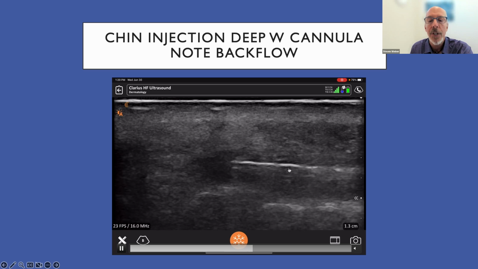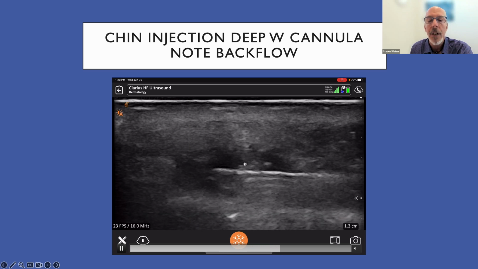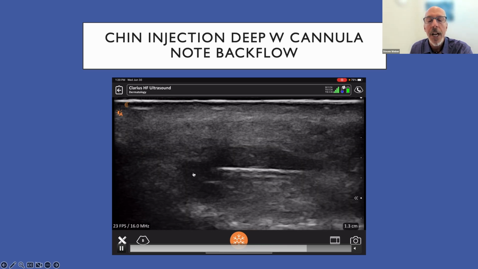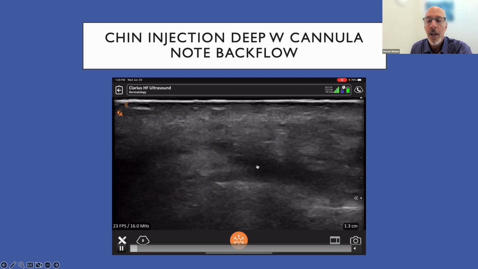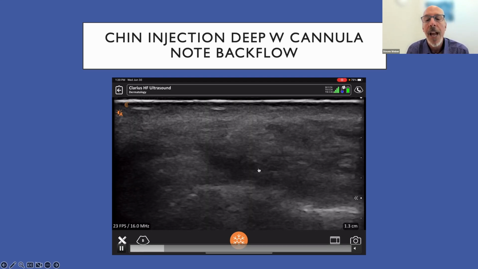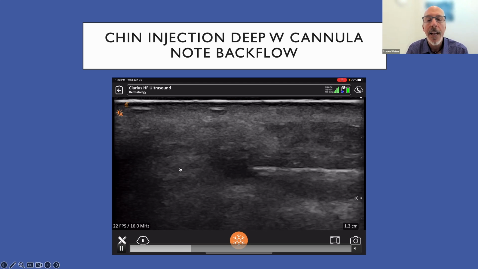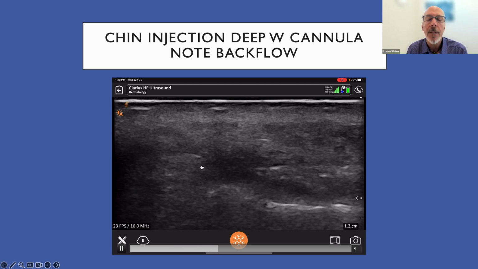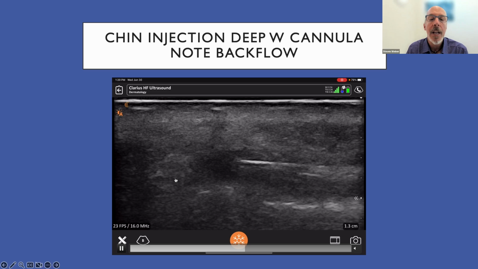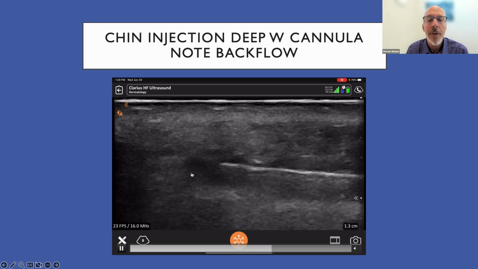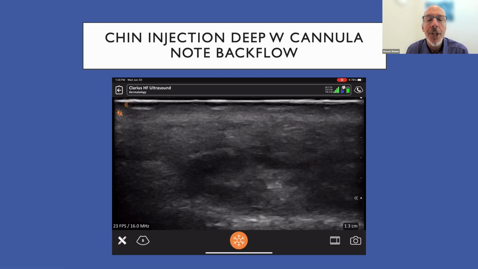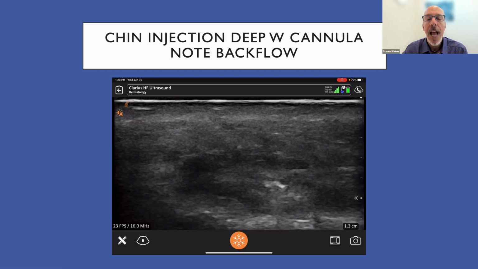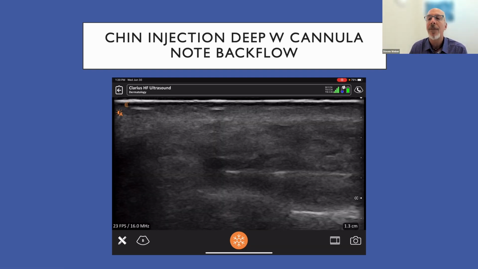I want you to see when the injection occurs that you're actually not injecting as much in the chin area as you are along the cannula. And therefore, it changed my injection technique because I wanted to inject through. So in the future now, I inject through that midline raphe, and that prevents some of that backflow.